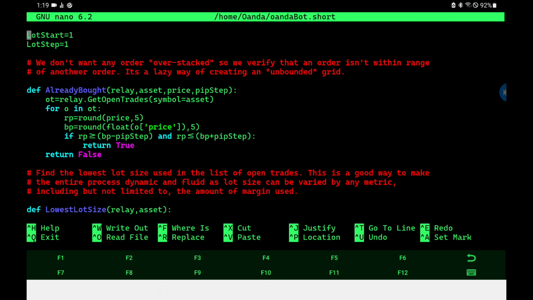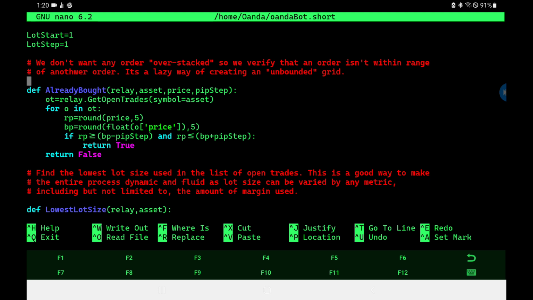Now, for the purposes of my live trading account, I have $100 in my account. That's it. The biggest issue that you're going to be dealing with in any kind of automated trading bot is that it can quickly get out of control. So from that standpoint, we want to really limit that as much as possible.